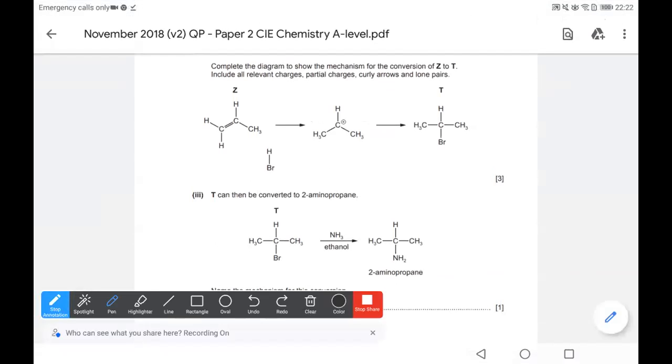What happens here is the H-Br bond breaks onto bromine, the pi bond attacks hydrogen, and Br minus is released. It takes H here. Now Br minus is in the medium. It attacks this positive carbon. That's what happens.